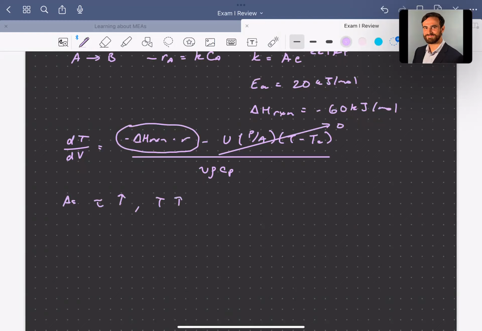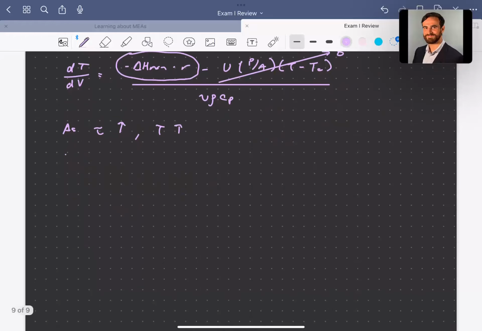So with what functional form? So will it increase linearly? Will it increase with a faster rate initially with respect to reactor volume? Accelerate with position? So here, as the temperature increases, that's going to increase the reaction rate. So that's going to generate ever more heat.